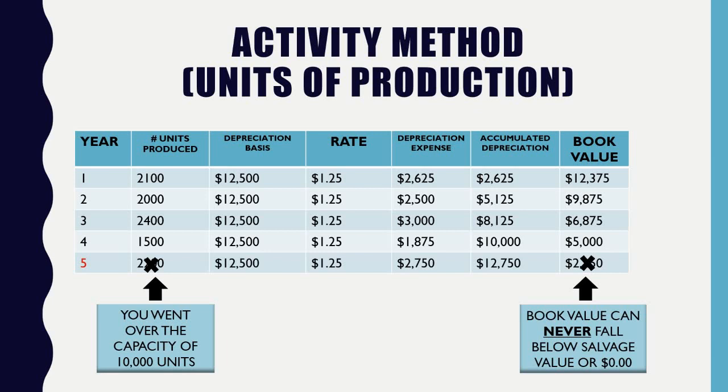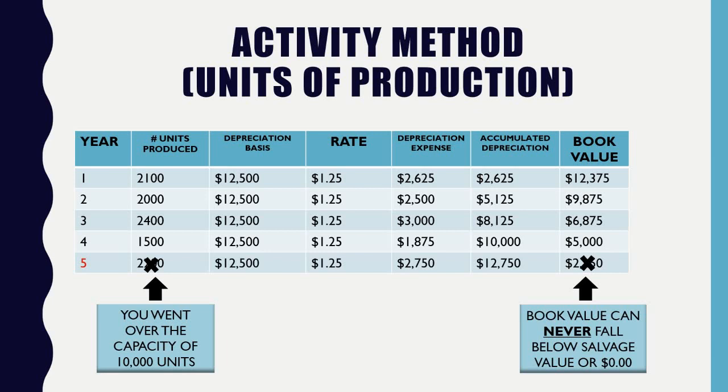It's already produced so much. You never know. Your chances of having a defective item is a lot higher, because the machine is older. Its gears are not up to par as it was the day that you purchased it. So in this case, you cannot ever go beyond the capacity.